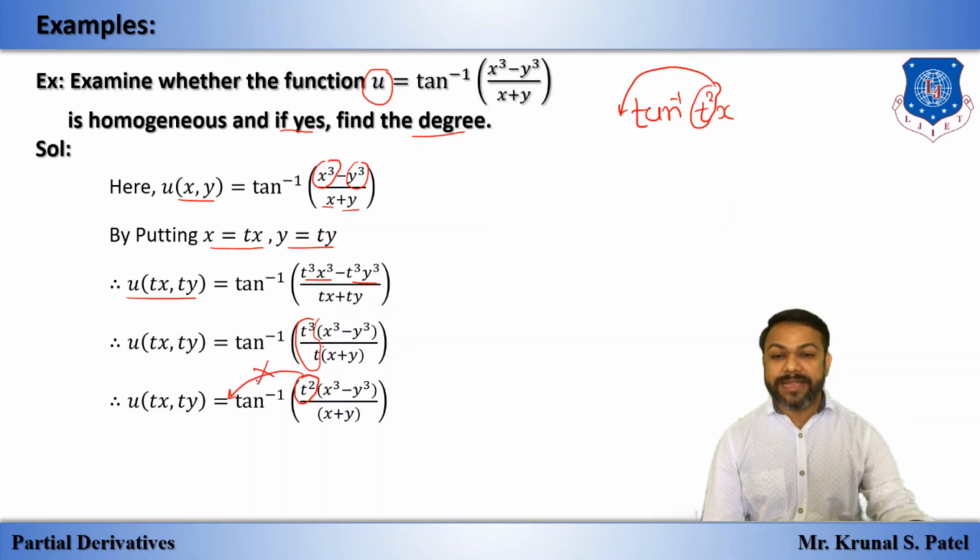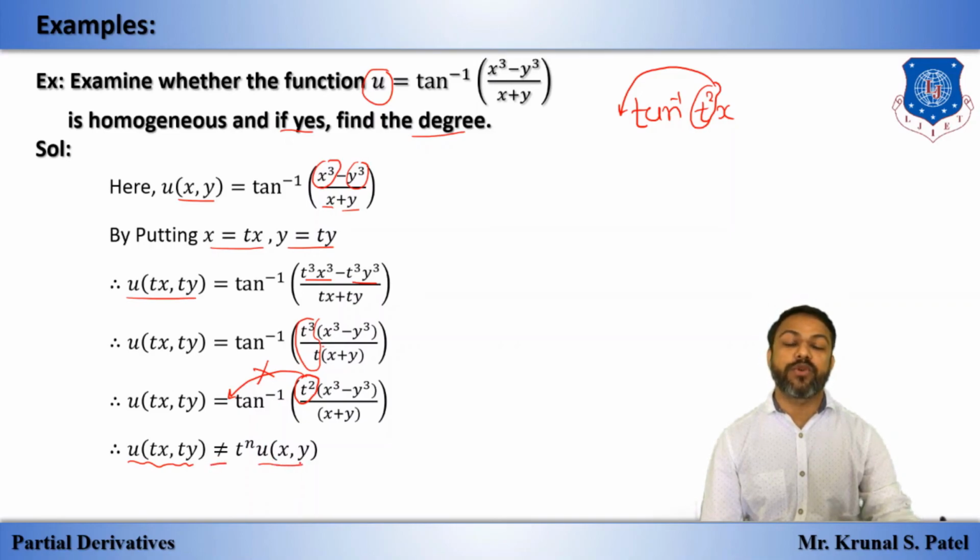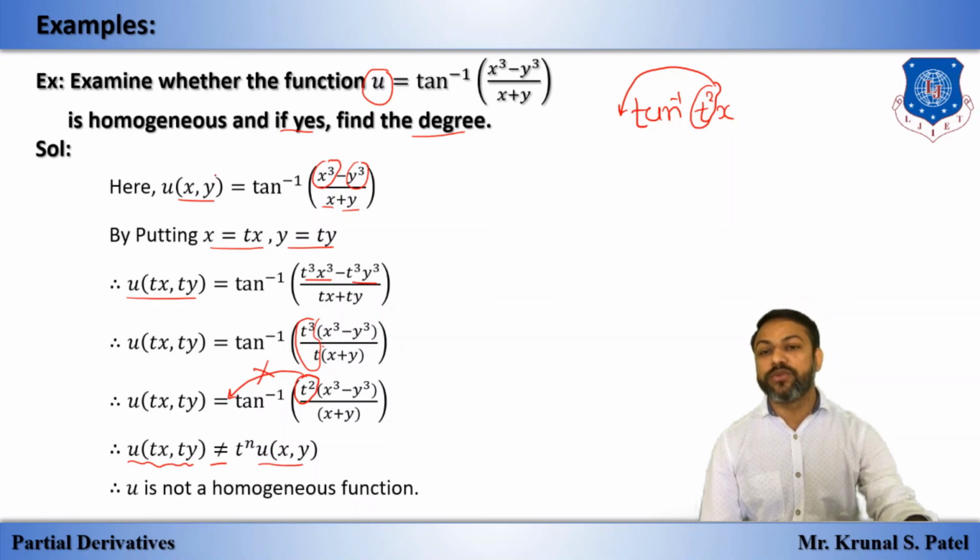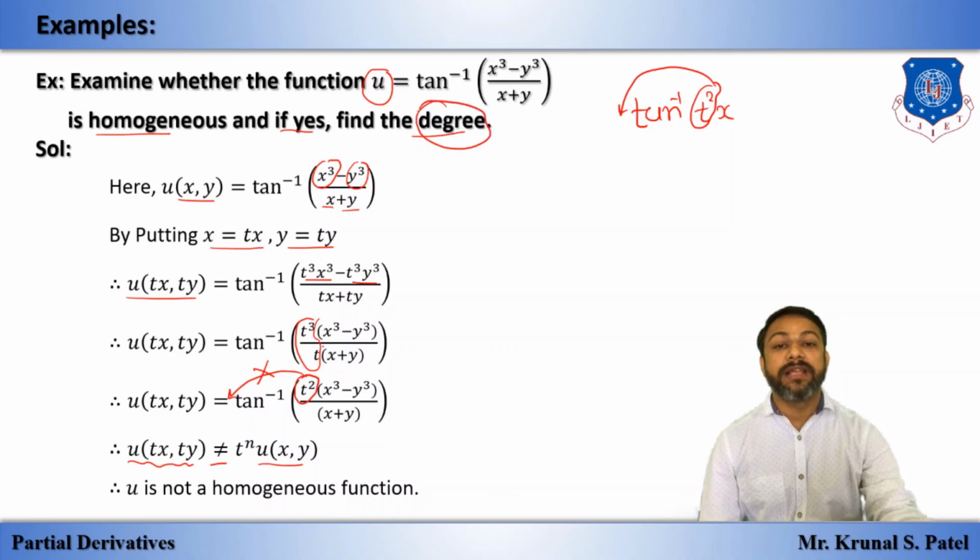So we don't have that definition of homogeneous function. That means u of tx comma ty is not equal to t raised to n of u of x comma y. Therefore, u is not a homogeneous function, and if u is not a homogeneous function, then we cannot find the degree.